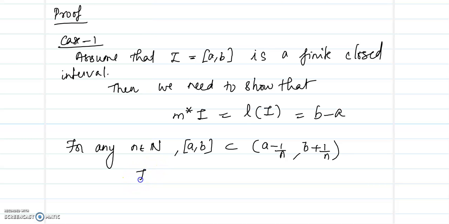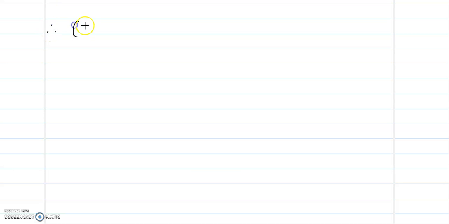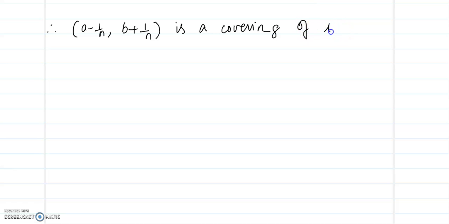So we have I equal to the closed interval [a, b]. Therefore I is contained in (a minus 1 by n, b plus 1 by n). So this interval is a covering of the interval I. Therefore by the definition of outer measure, m star of I will be less than or equal to the length of this interval.